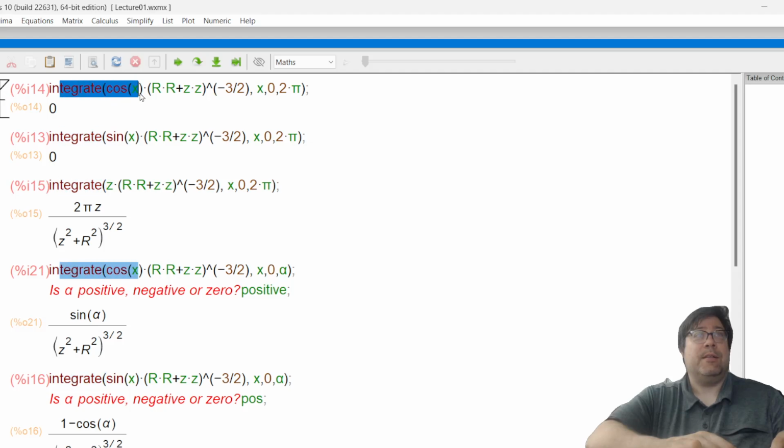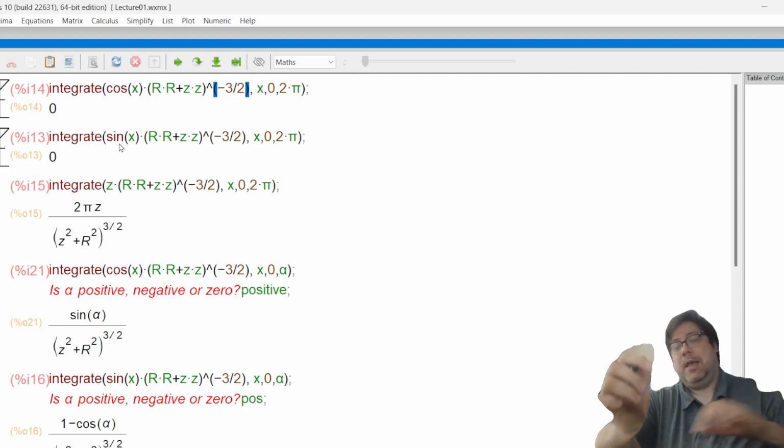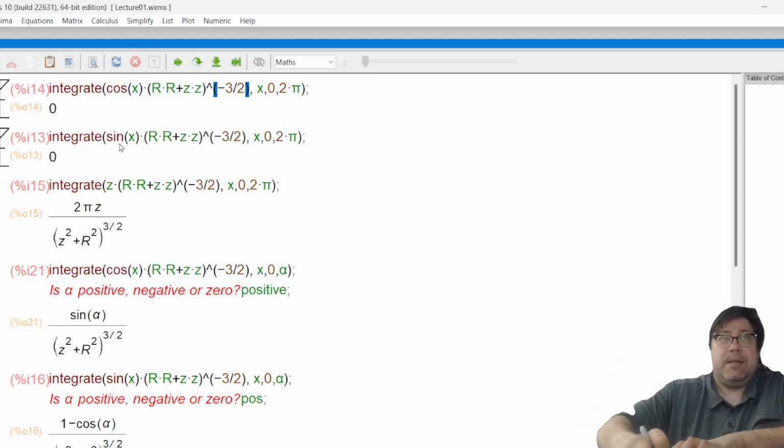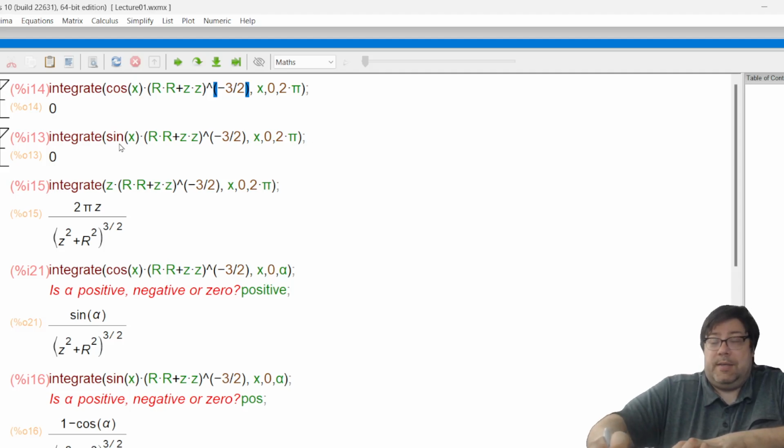I'm going to integrate the cosine of theta, I used x instead of theta, it was easier to write, over r squared plus z squared to the minus 3 halves, from 0 to 2 pi, and I find the answer is 0. I do the same thing for sine, and I find the answer is 0. And I do the same thing for z, and I find that the answer is 2 pi z over this thing to the 3 halves.